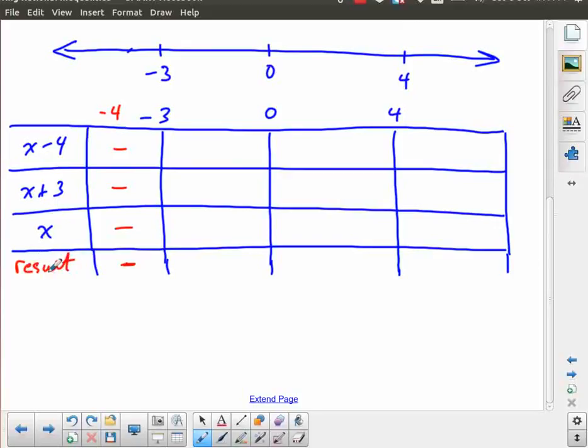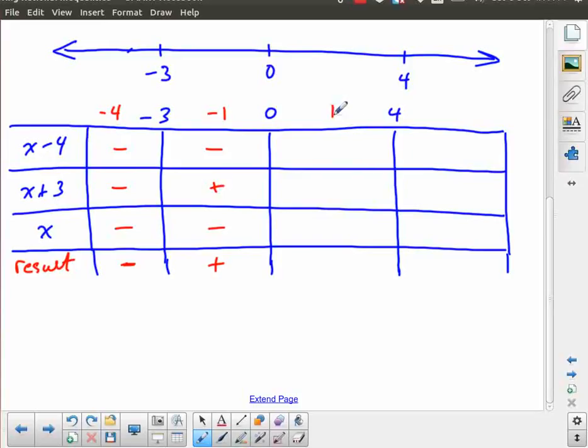This is the overall result. Is it positive or negative? And I do the same thing here. So let's choose a number. How about -1? -1 minus 4 is negative. -1 plus 3 is positive, and x is negative. So I have two negatives and one positive. That's a positive, because negative times negative is positive, times positive is also positive.